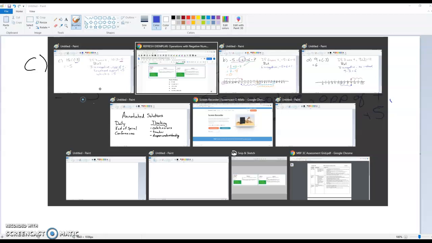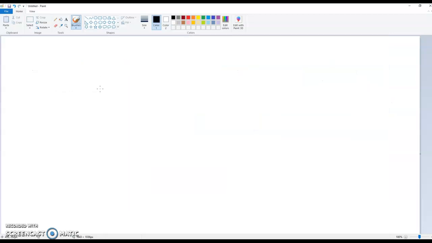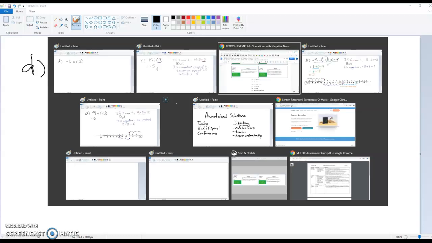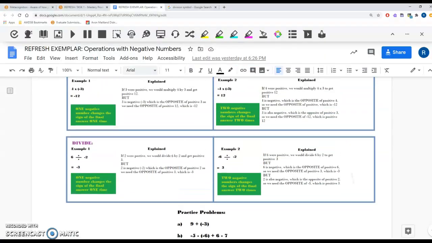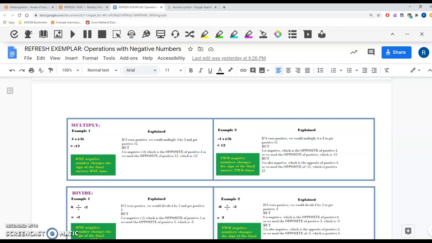Okay, let's have a look at another one. D. I like this one because there are multiple negatives and we don't want to get too confusing here. Okay, if we have negative 6 times negative 2, it's very similar to the divide, but we're looking at this one here over on the right.